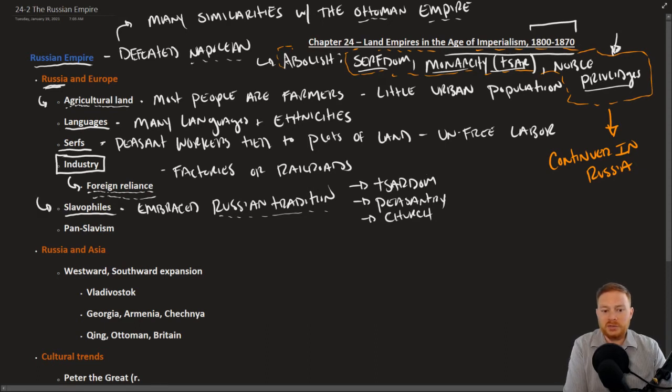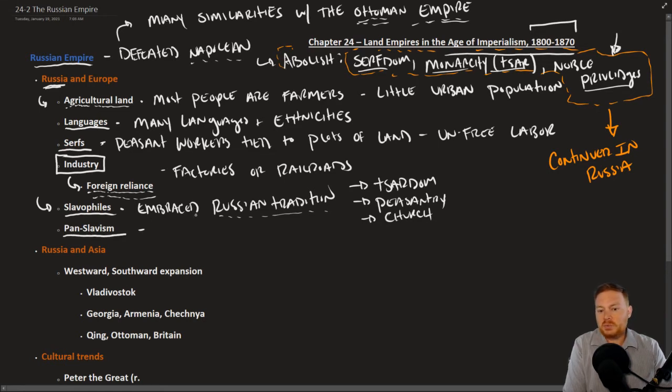And Slavophiles and people who embraced Russian tradition served in some similarities within the Ottoman Empire as those classes that really rejected some rule. However, the Slavophiles, they didn't really win out in the long run. Russia does continue to establish reforms, but they also coincided pretty well with another growing movement, and that is Pan-Slavism.